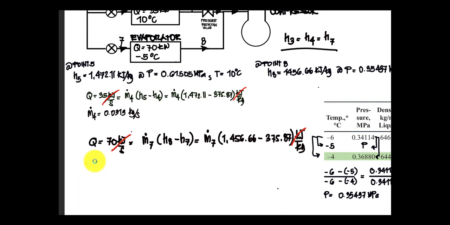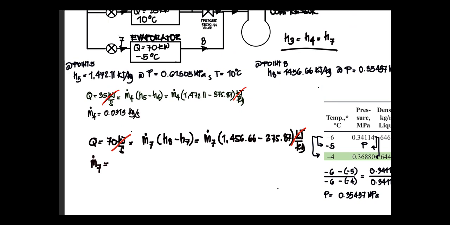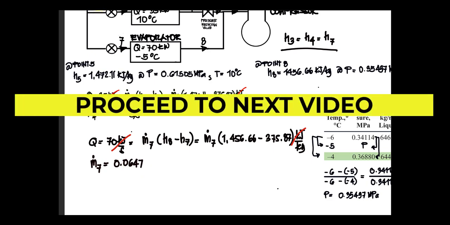Then the mass flow rate at point 7 is equal to 0.0647, or let's say 0.0648, rounding up the value to 8. This is in kilogram per second.